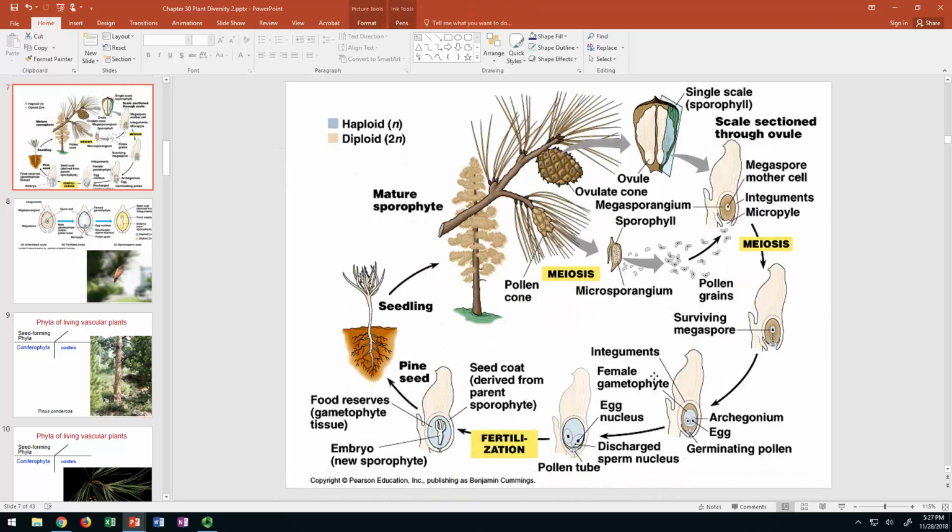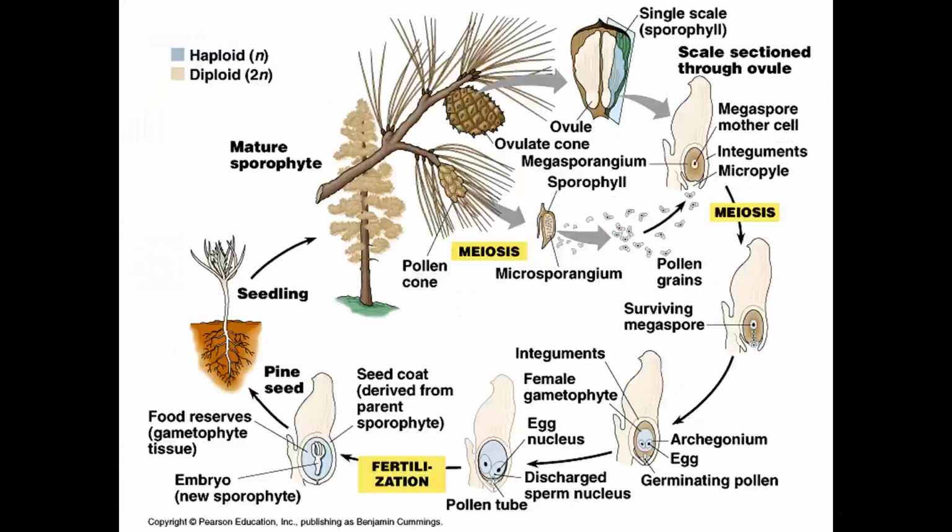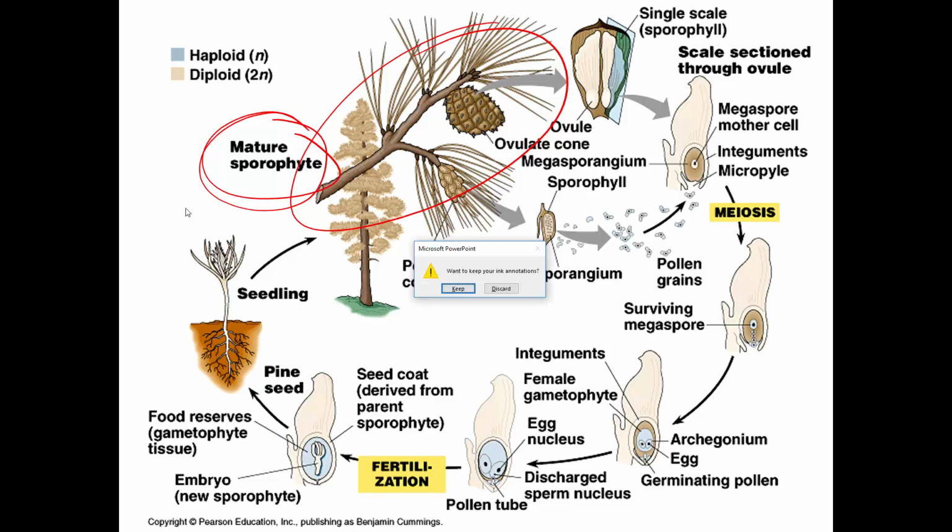Again, when you look at a pine tree, what do you usually see? Pine cones, right? It depends on exactly what time of year you're looking at them. If they've fallen off the tree, they're obviously gone. But most of the time you see a pine tree, you see a pine cone, right? So that's the sporophyte. That's what sticks around the longest. That should be the three of them.